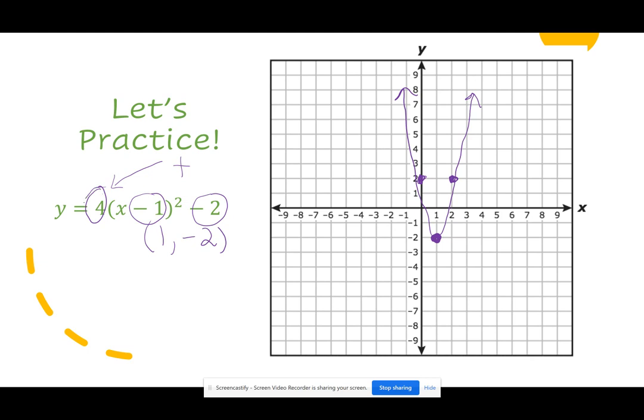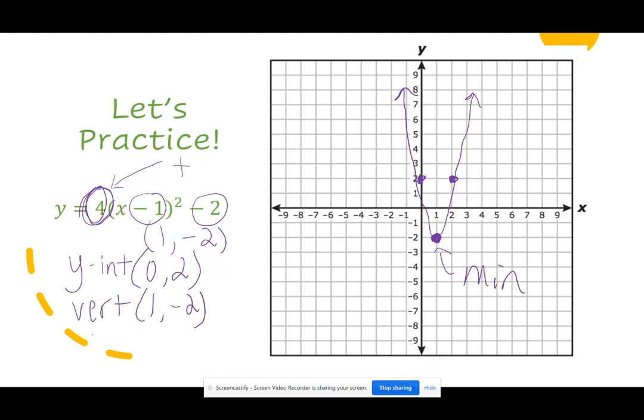So it's always by a factor of whatever's in front. We'll talk about that more later. But right here we can see our y-intercept is at 0, 2. Vertex is 1, -2. Our vertex is a minimum because it opens up, and our axis of symmetry would be at x equals 1.